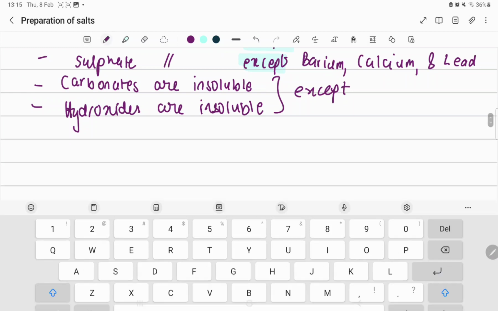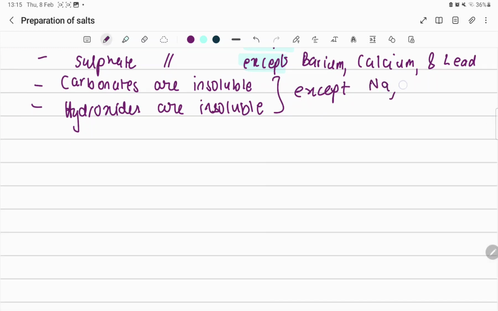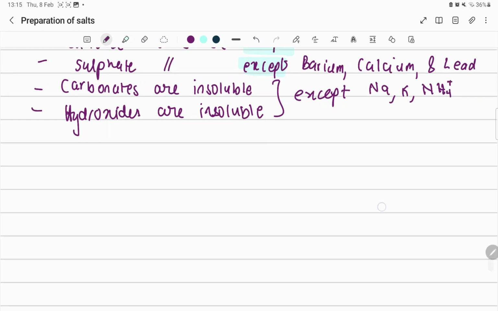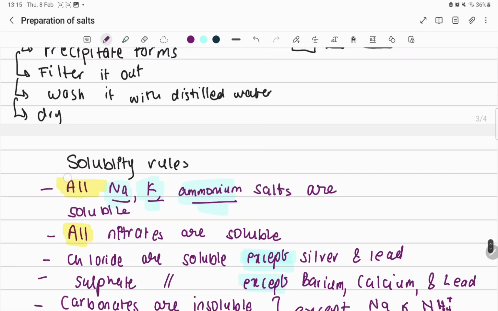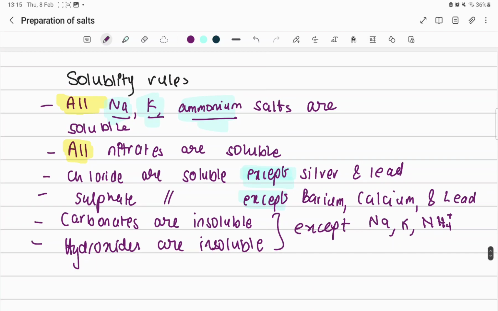So please make sure you know these solubility rules, very, very important.